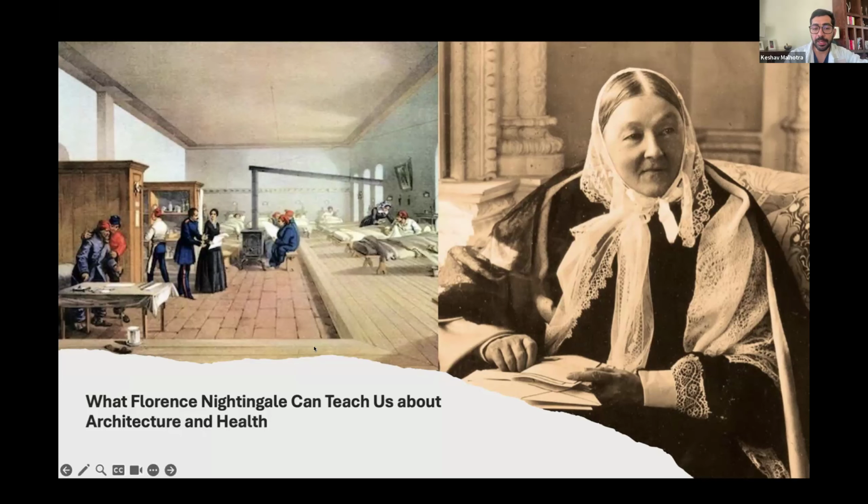And basic concepts which we now really appreciate came from her: light can kill bacteria, can help in early recovery of the patient, and can also influence their sleep patterns and how quickly they would enter into a rehabilitatory program. So all of this really teaches us that design does matter in healthcare.